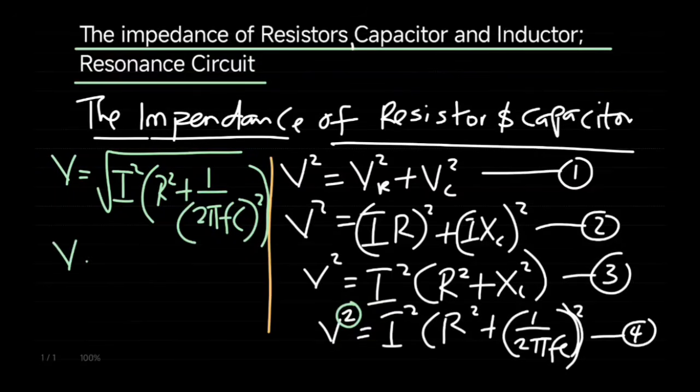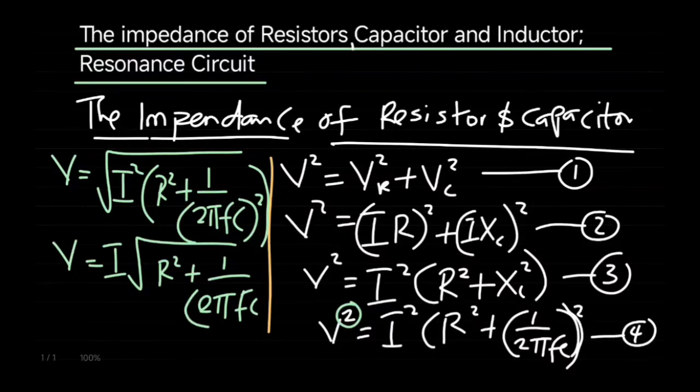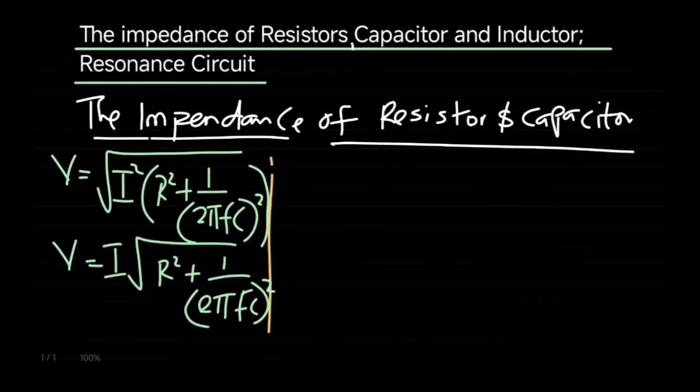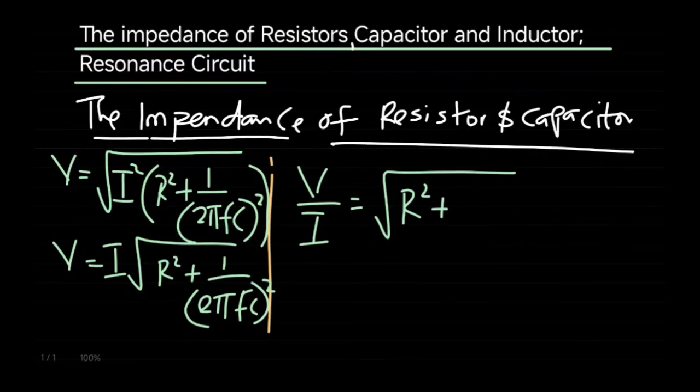Will give us V is equal to I square root of R square plus 1 all over 2 pi FC all square. So our final equation will be given as V all over I is equal to square root of R square plus 1 all over 2 pi FC all square.